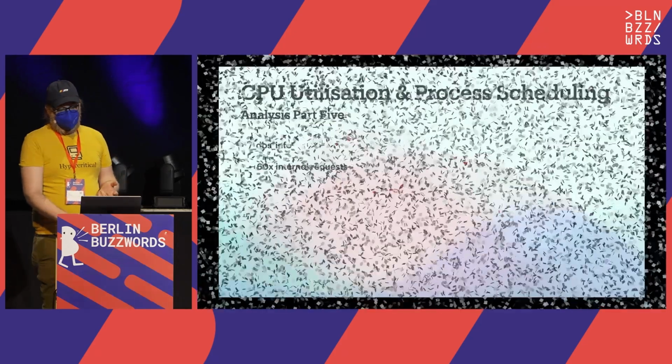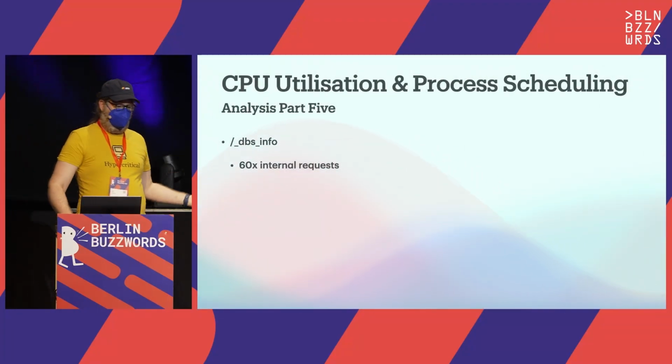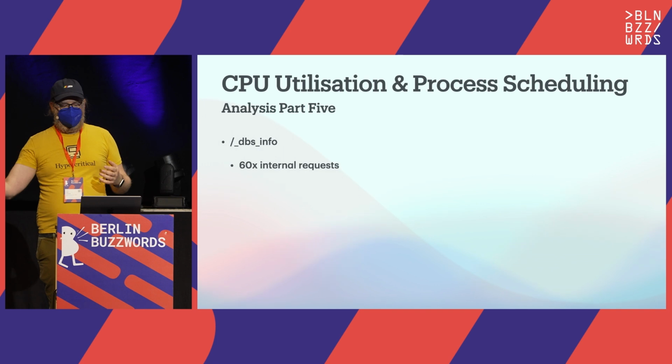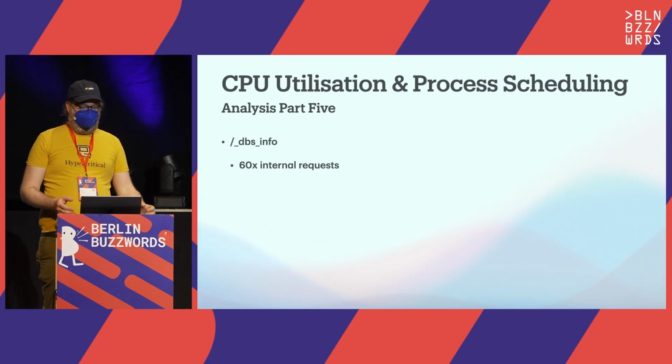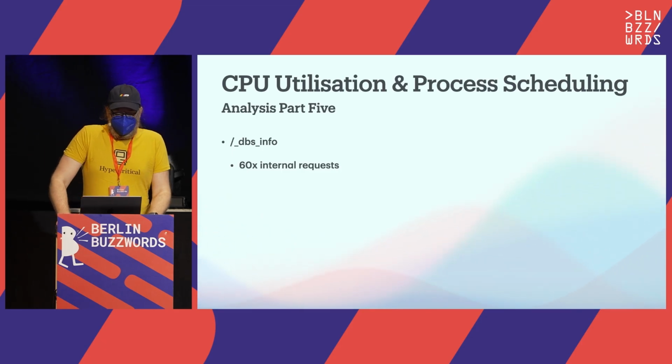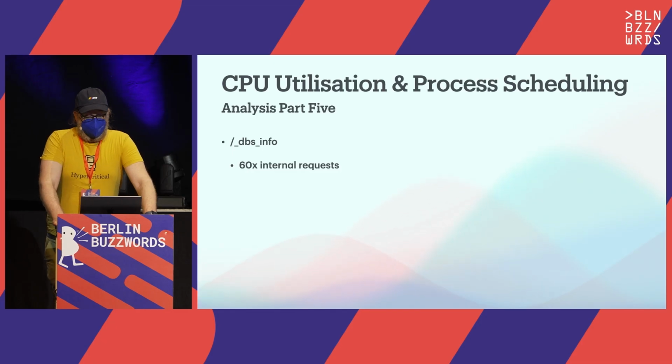So the last thing we had to look at is the DB's info call that had the 12-second response time. One of the things we haven't really looked at for understanding things a little bit better is CPU utilization.